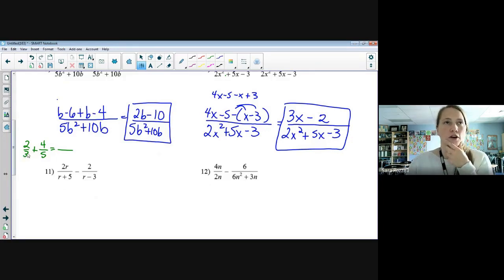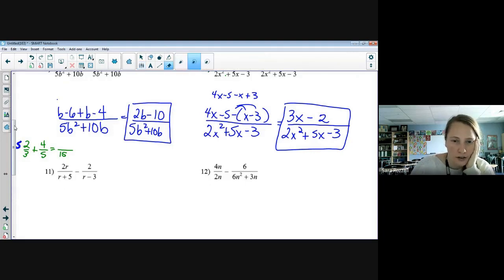There were no factors in common with 3 or 5. So if you don't have any factors in common, to get the denominator, you just multiply them together, all right? Then we always think, I've got to turn this 3 into a 15. So what do I need to multiply this first fraction by to get that 3 to turn into a 15? It's got to be 5. So I've got to do 5. Oh, I need to do the thin one.